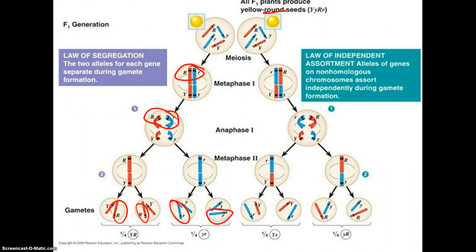That's the law of segregation. The law of independent assortment says that alleles of genes on non-homologous chromosomes, so chromosomes that aren't their pair or copy, like we have here a pair of homologous chromosomes, one from mom and one from dad, so we're talking about alleles that are on different pairs, are going to assort independently during gamete formation.